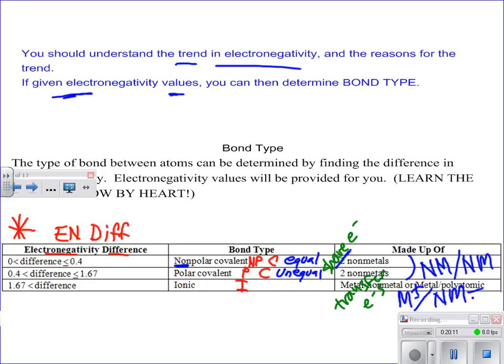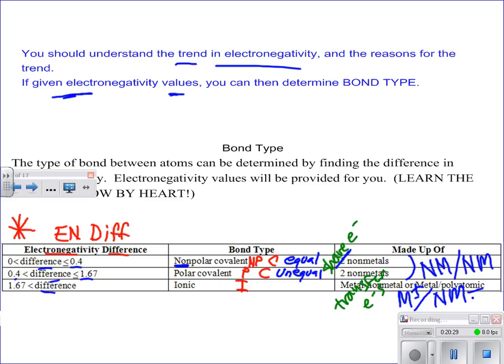You can think about poles on a magnet or poles on the earth or something like that. Notice that those are unequal. But if it's nonpolar, then it doesn't have a positive and a negative to it. It's going to be the same on both sides.